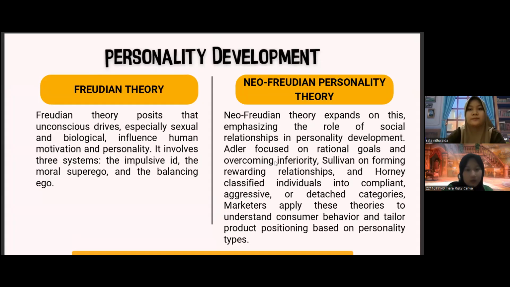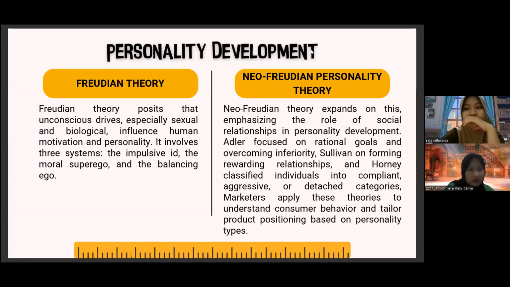The next one is personality development. This is a theory from Freudian theory, which posits that unconscious drives, especially sexual and biological, influence human motivation and personality. It also involves three systems, which are the impulsive id, the moral superego, and the balancing ego. And next is Neo-Freudian personality theory.